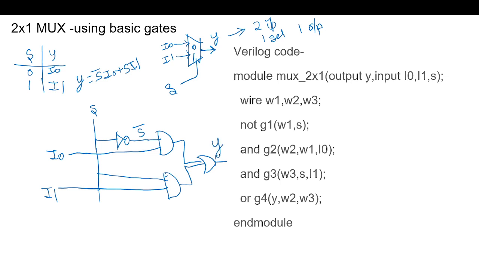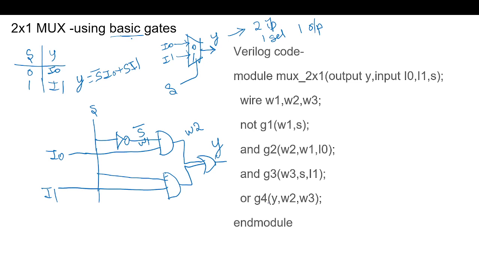In this code we are using basic gates, completely defining it with the basic gates. First we need S complement, storing it in W1, and then performing an AND operation between W1 and I0 and storing it in W2.